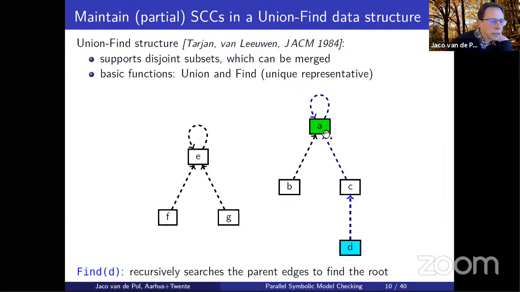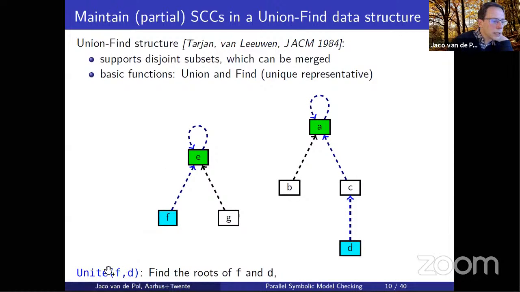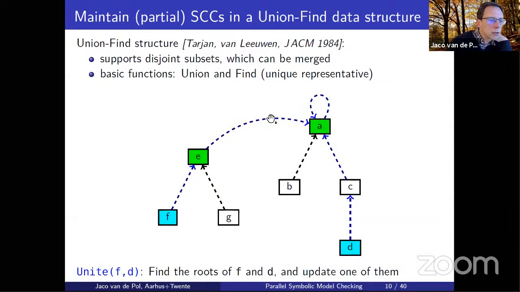And the other thing is to take a union. So we can also take the union of such subsets. So if we want to unite F and D, what we would do is we would find the representative of F, which is E. We would find the representative of D, which is A. And then we can either let A point to E, or we can let E point to A. So now in order to take the union, we take a step from E to A. So we have computed the representatives, and then with one pointer assignment, we have taken the union of these two things.